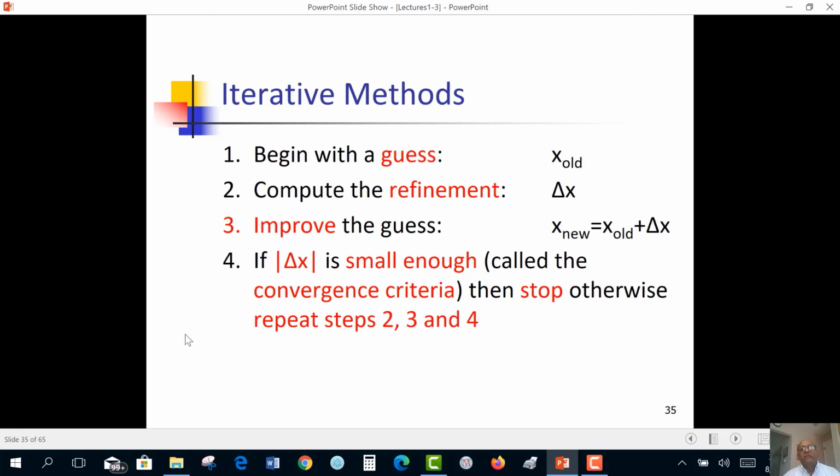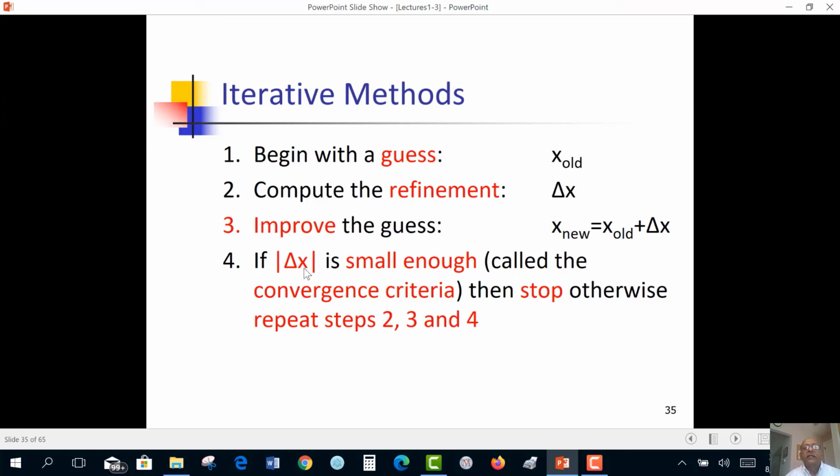Now these are all iterative methods. Iterative methods are of the form where we have an unknown that we want to find. It may be more than one unknown, but let's say we have one unknown. We begin with a guess. Let's say we want to find x, so we begin with a guess. We'll call it the old x value. Then the method allows us to compute some refinement based on some logic. Let's say that refinement is delta x, which improves the guess. So now we have a new value from the old value plus the refinement.